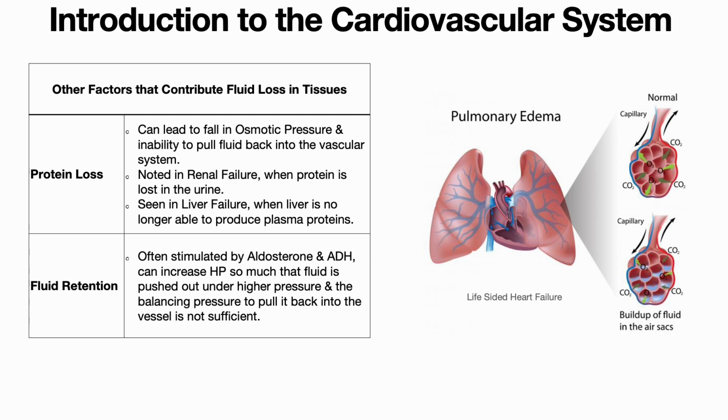And this is also seen in liver failure when the liver is no longer able to produce plasma proteins. For fluid retention, often this is stimulated by aldosterone and ADH, or antidiuretic hormone, as mentioned previously. So this can increase HP so much that fluid is pushed out under higher pressure and the balancing pressure to pull it back into the vessel is not sufficient.